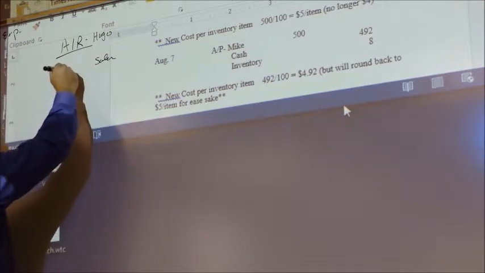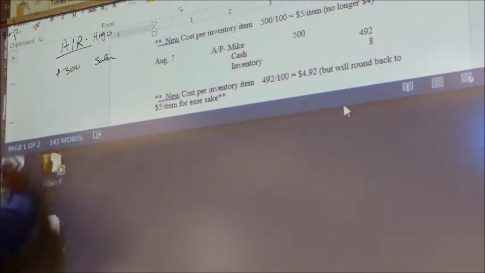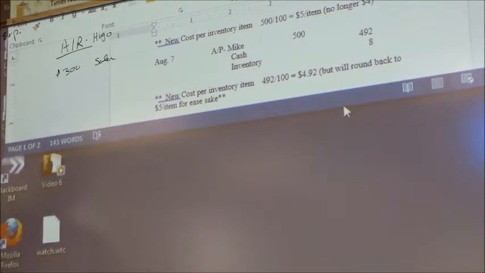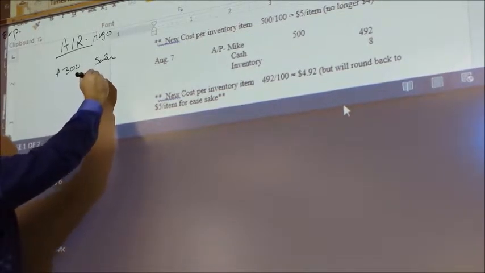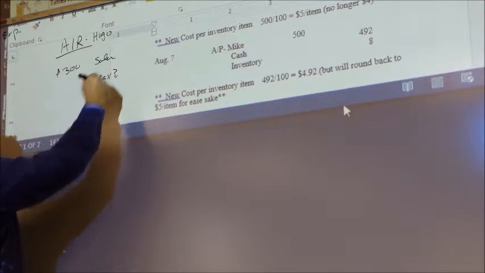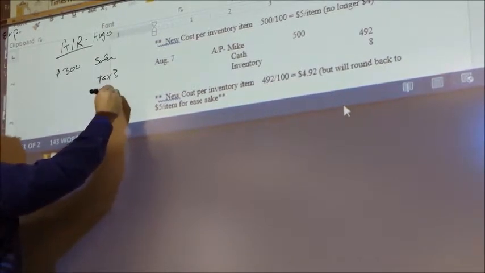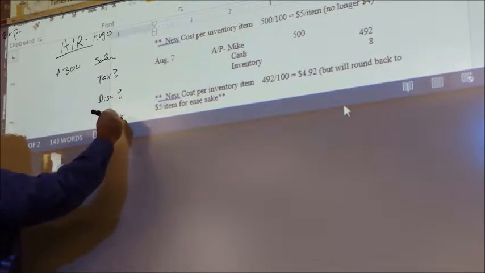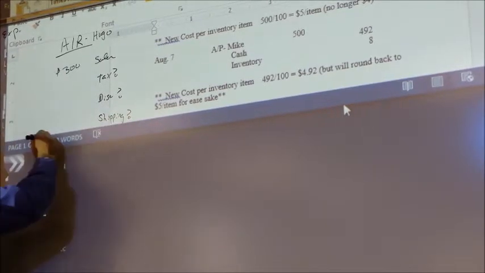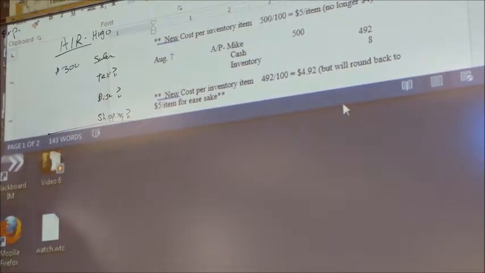So my sale price is 300. Make a little on the margin there. I'm going to list the 4 things: sales, is there any tax, is there any discount, and is there any shipping? 4 things that I need to be aware of for the final AR balance.